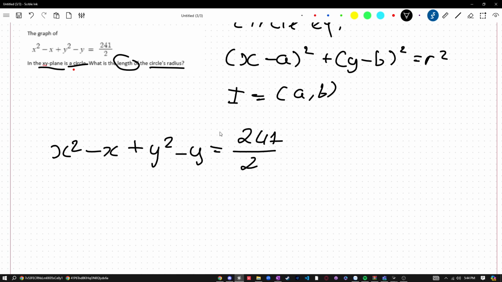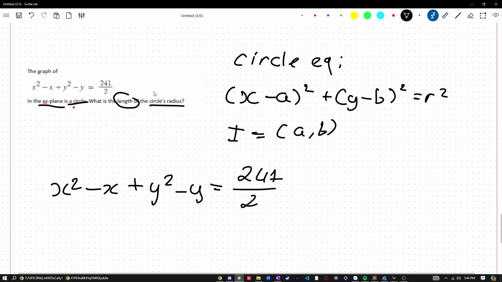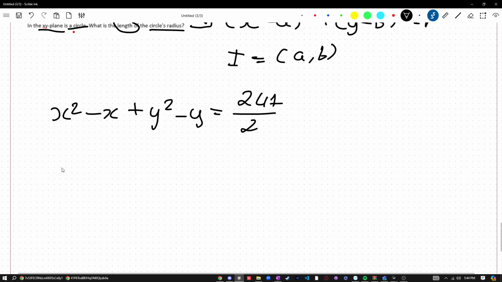So what we can do is essentially trying to convert this weird equation here back to the standard form. So what we can do is add 1 over 4 into each of these x and y's.